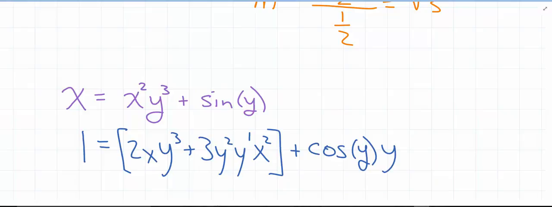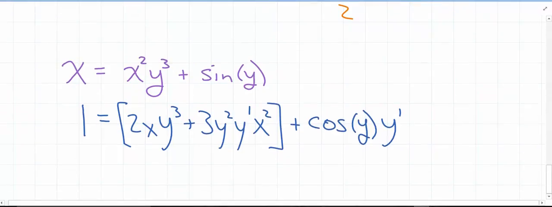Don't forget the y prime. Every time you differentiate something with a y in it, you're going to have to put a y prime there. Well, the reason you do it is because y is the dependent variable. It equals something, so we have to do the chain rule.